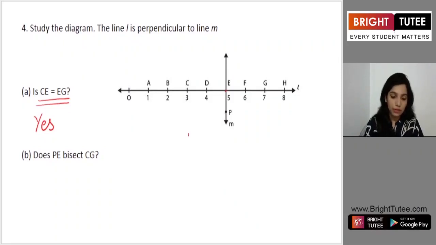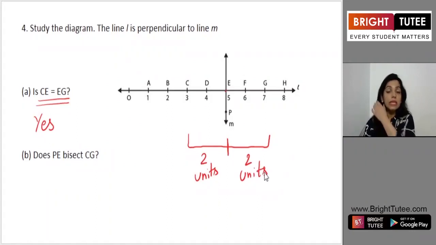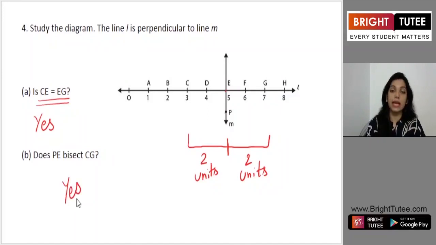So here we have clearly seen that CG at point E is bisected, because this is 2 units, right? And this is 2 units as well. So clearly, because PE is dividing this line segment CG into 2 equal parts, therefore it is a bisector of line CG. So again the answer goes yes.